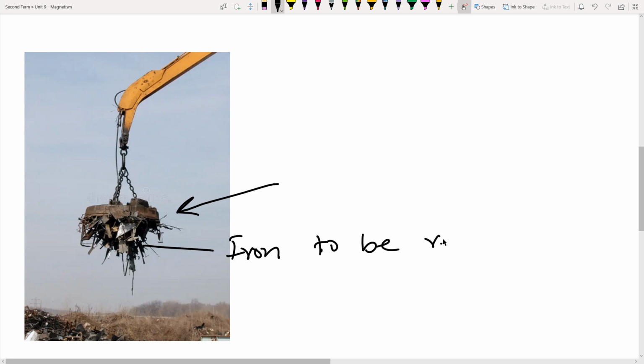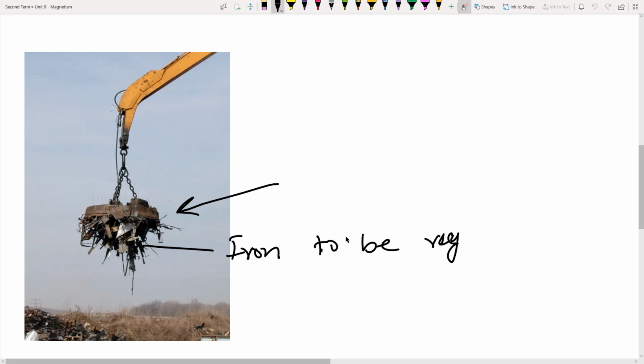So this makes our selection very easy. If we start separating iron from plastic, let's say from cars which are made up of both iron and a lot of plastic parts, if we crush them up for the recycling process, we won't be able to separate them that easily by hand or by any other process. Electromagnet makes our job easier.